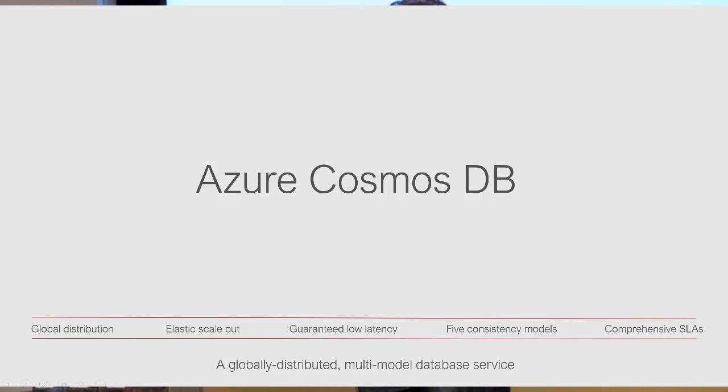And you can make a mistake there, like you keep just one replica of the data, and then suddenly you can get into trouble. So all that complexity we have really taken away from the customer and just gave you 5 radio buttons where you can just go and click and choose one of the consistency levels. So from strong, we have bounded staleness, session, prefix, and then eventual consistency.